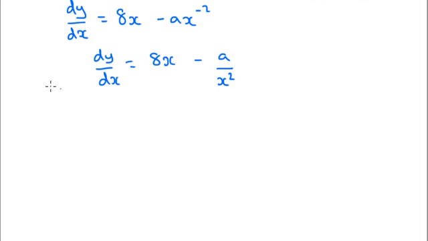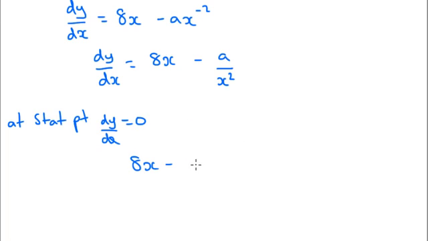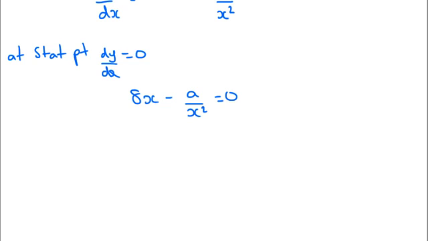At the stationary point, the gradient is 0. So if we set 8x minus a over x squared to equal 0, we should be able to work out what x is equal to. So I'm going to times by x squared.